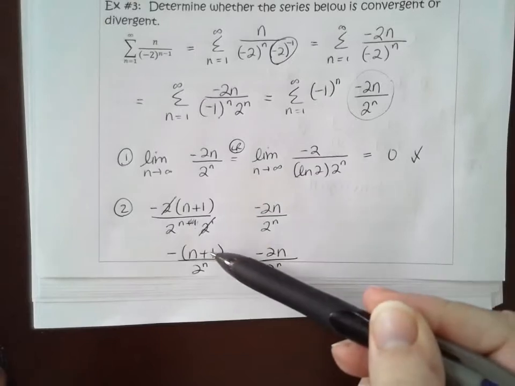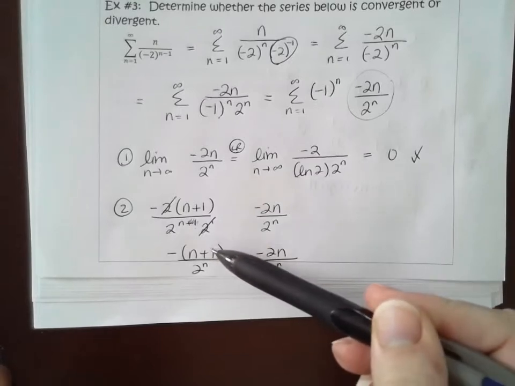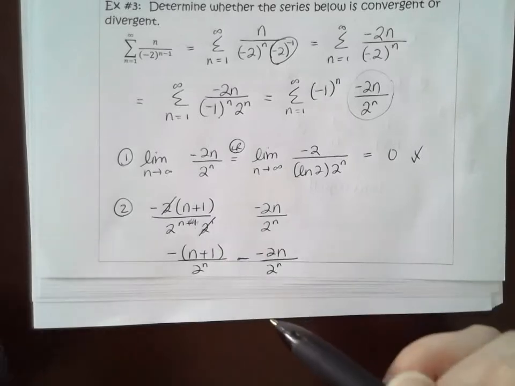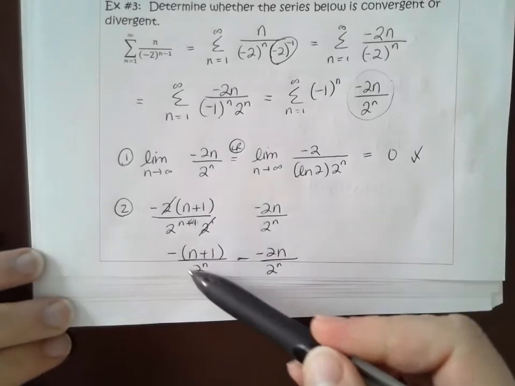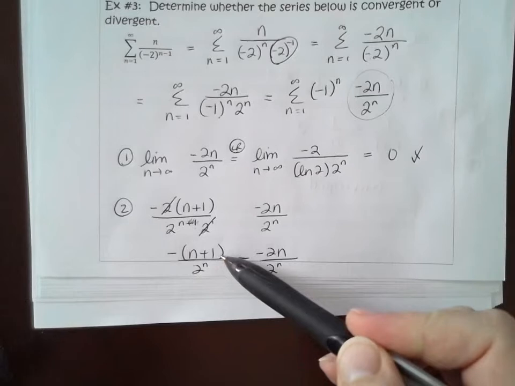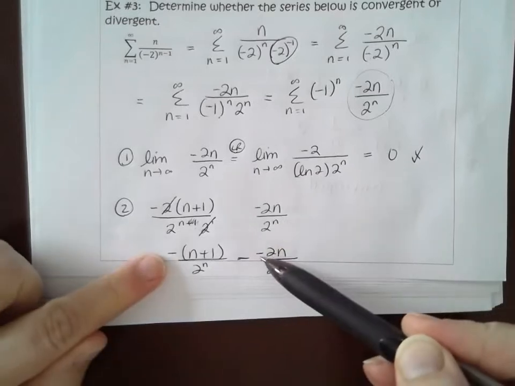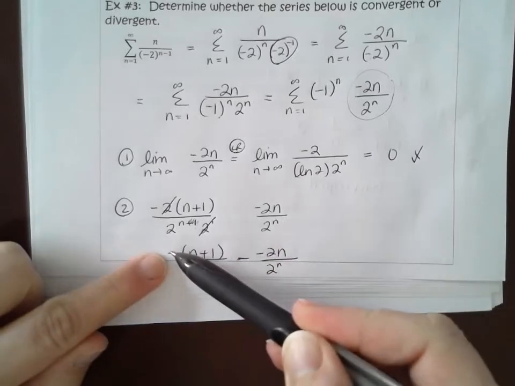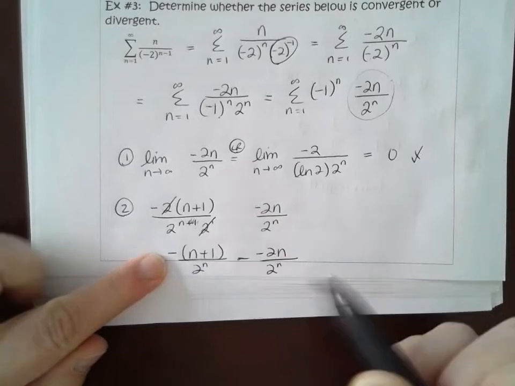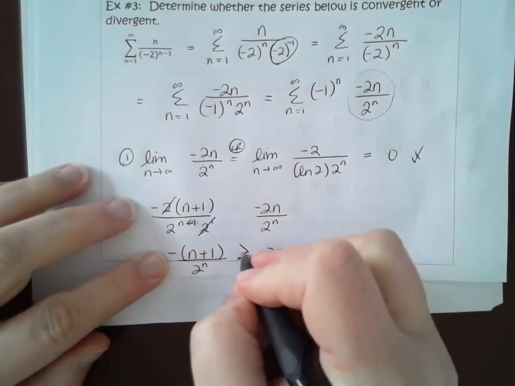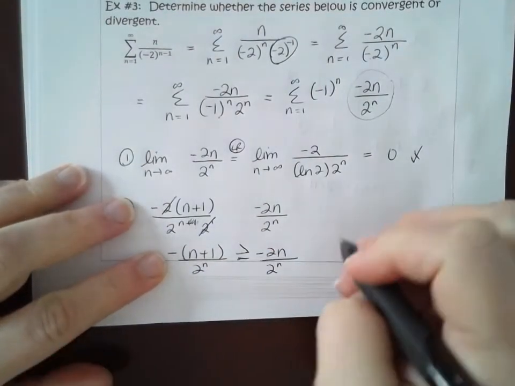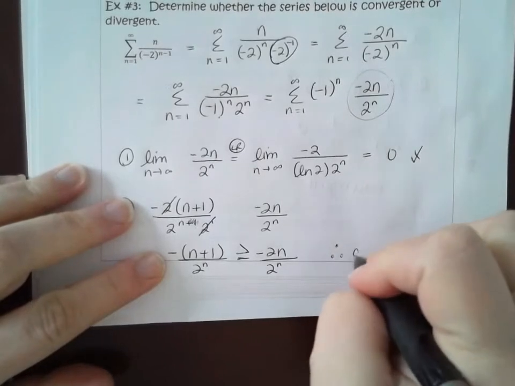This numerator is a smaller number. So in normal circumstances, this would be a smaller fraction. However, because they're negative, a smaller fraction is actually a larger number. So this one is divergent.